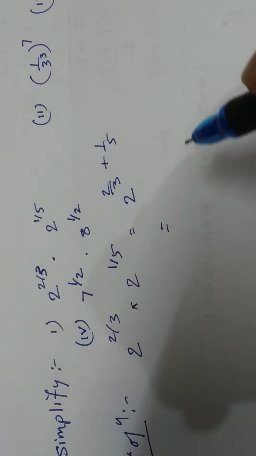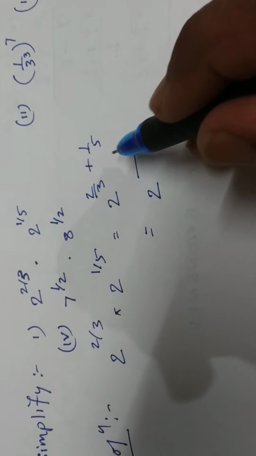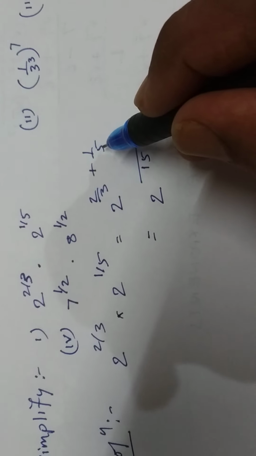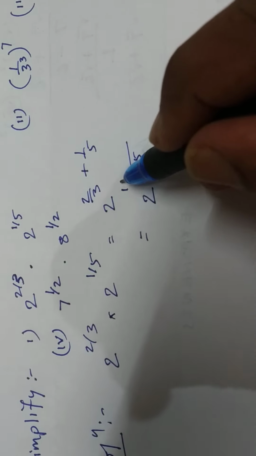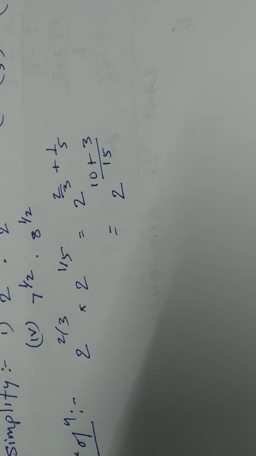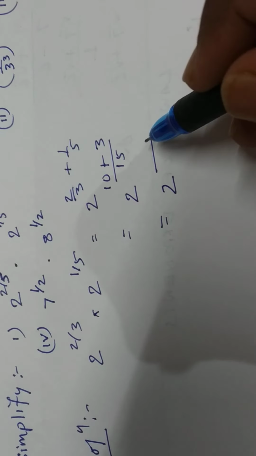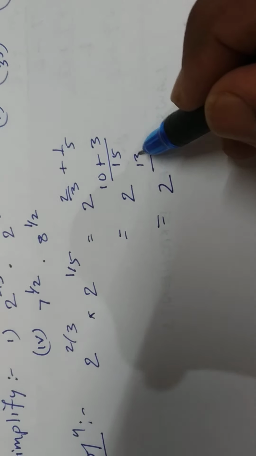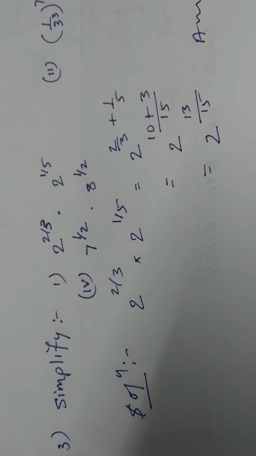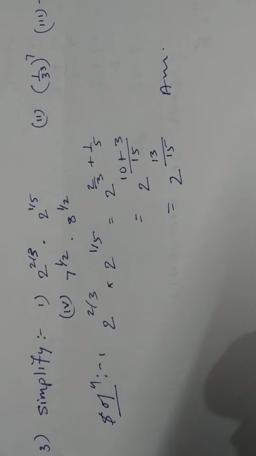Now solve it again. This is the 2 base. You cannot add it like that. 3 5s are 15, then 5 2s are 10, plus 3 1s are 3. It is what? 2 base. It is 10 plus 3, 13 upon 15. This is your answer. Got it? This is first. Let us see the second one.